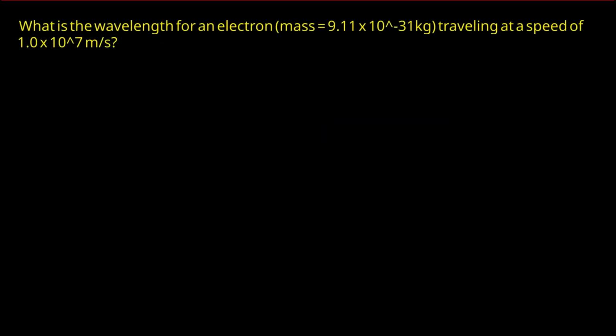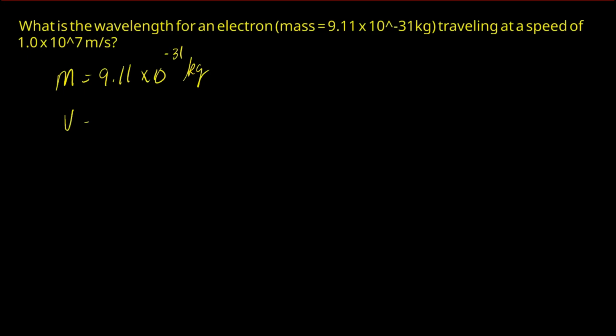What is the wavelength for an electron having a mass of 9.11 times 10 to the negative 31st kilograms, traveling at a speed of 1.0 times 10 to the 7th meters per second? We have a mass of 9.11 times 10 to the negative 31st kilograms.